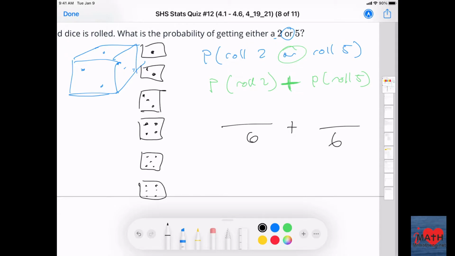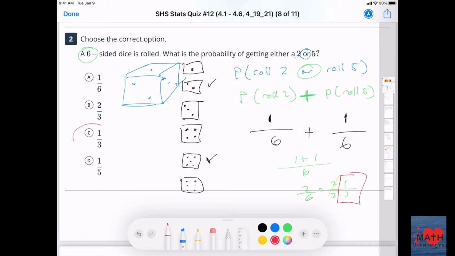So you can only get a 2 right there once. Or if you rolled the die one time, you can only get a 5 once. Well, when you're adding fractions, the denominator must be the same, so you have 2/6, which is the same thing as 1/3. 1/3 is your answer. That'd be choice C.